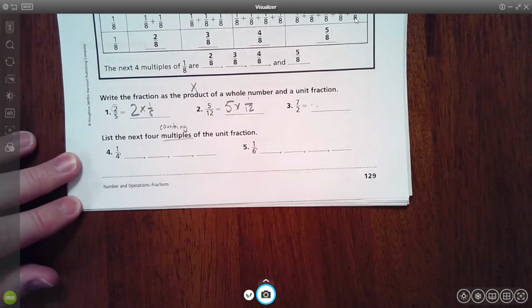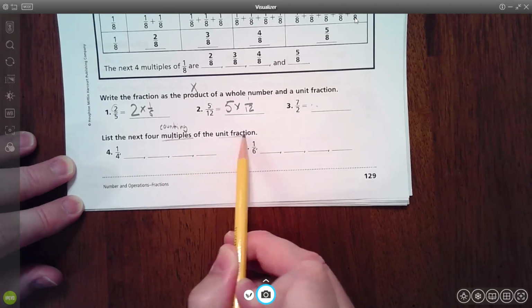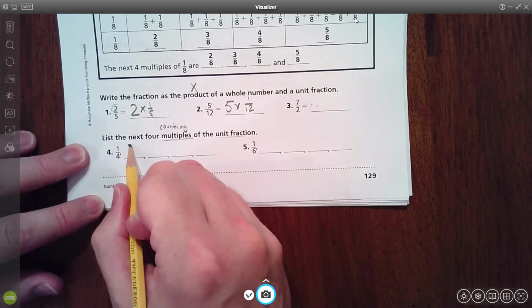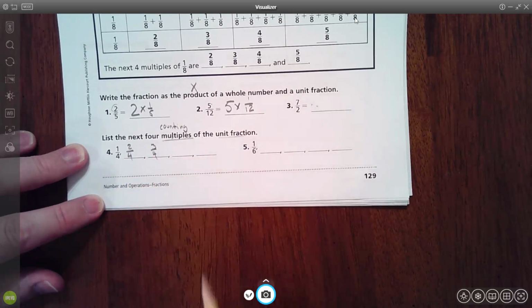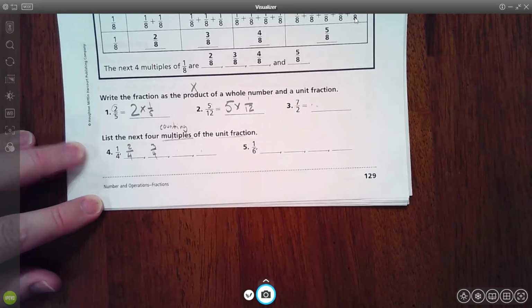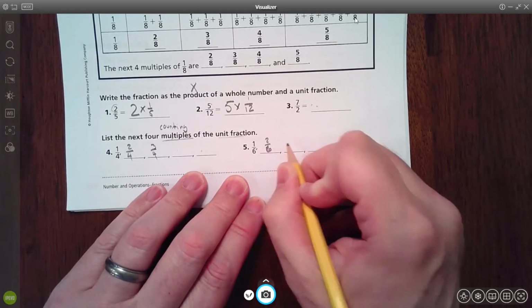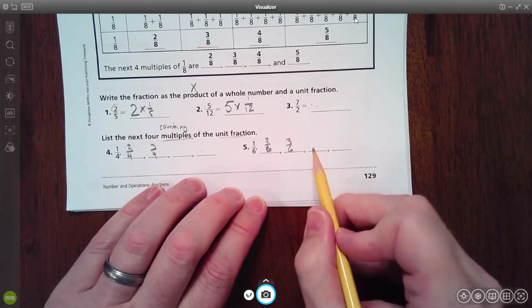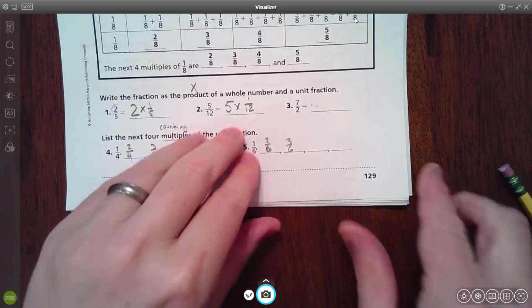So the next 4 multiples of the unit fraction of this one, 1/4, get ready for this, 2/4, ready, 3/4, and so on and so on. Same thing here, 1/6, this will be 2/6, 3/6, and so on and so on. All right, next page.